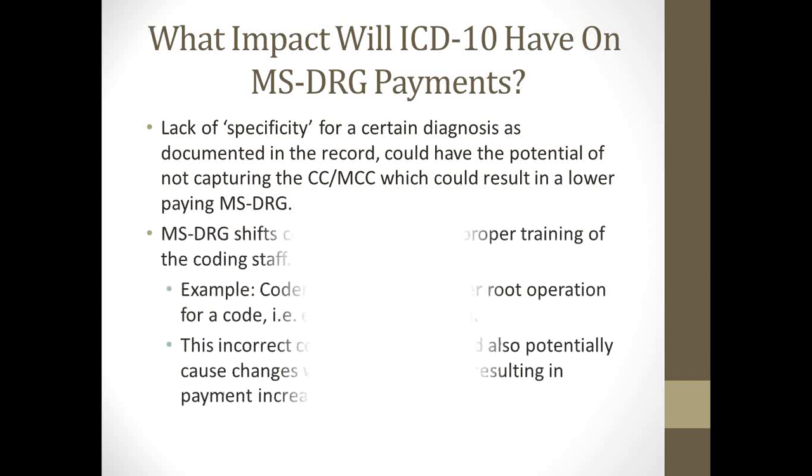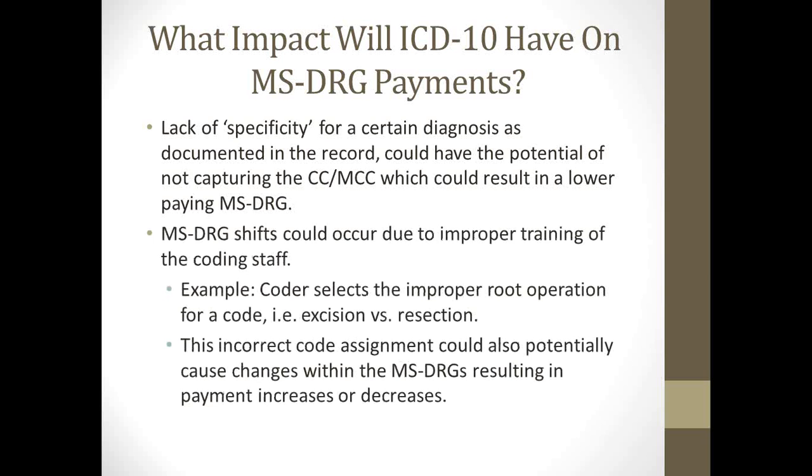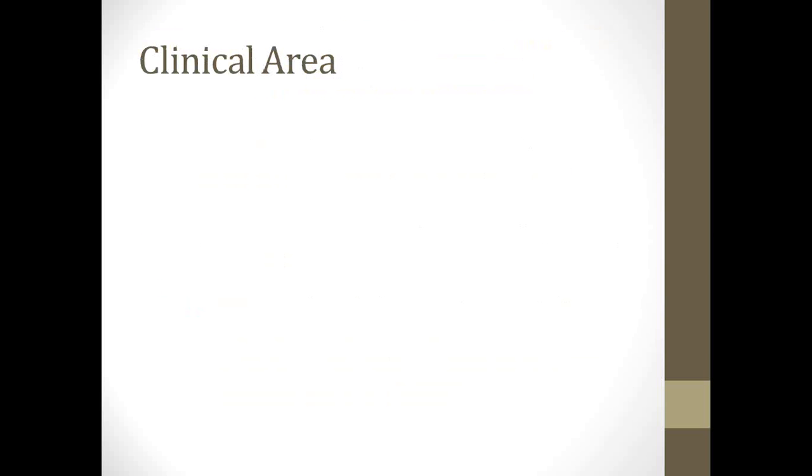For example, if the coder selects an improper root operation for a code, like an excision for a resection, this incorrect code assignment could potentially cause changes within the MS-DRGs, resulting in payment increases or decreases. So more than ever before, you're going to have to make sure that your physicians are getting paid for exactly the work that they did. You're going to have to work as a team between the physicians and the billing department to make sure that exactly what happened for the patient is documented.